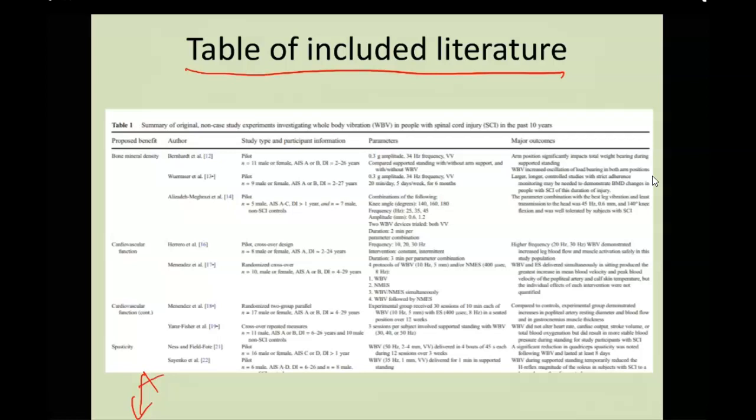So the proposed benefit, the author, study type, participant information, parameters, major outcomes. So if I just wanted to get a quick overview of some of the non-case study experiments that look into this matter, here I could look at and quickly compare back and forth what some of the literature consulted for this review article says about this particular intervention.